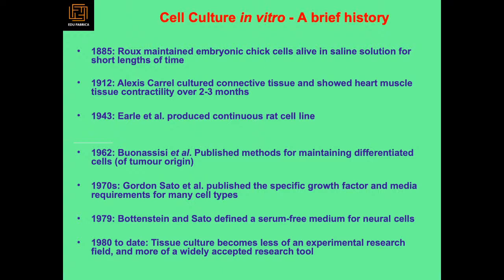From 1885, Roux maintained embryonic chick cells live in saline solution for a short length of time, and Alexis Carrel cultured connective tissues and showed heart muscle tissue contractility over 2 to 3 months. Then in 1943, Earle et al. produced a continuous rat cell line. Then in 1962, Bionicis et al. published methods for maintaining differentiated cells.